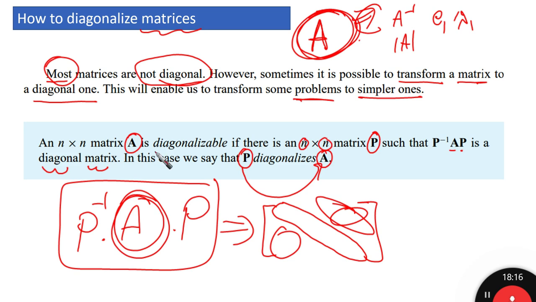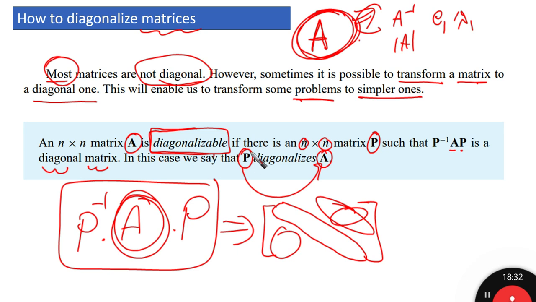It is diagonalizable, okay. So anyway, this is the way of judging whether the matrix can be a diagonal matrix or not.